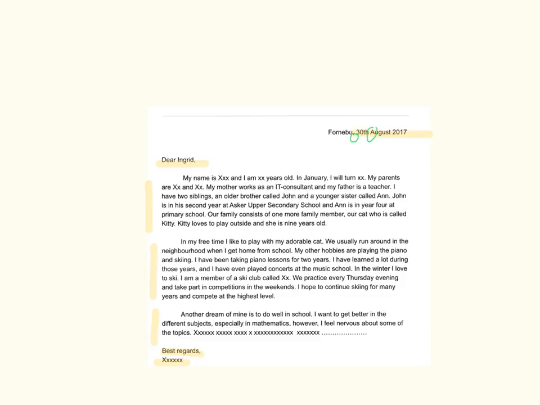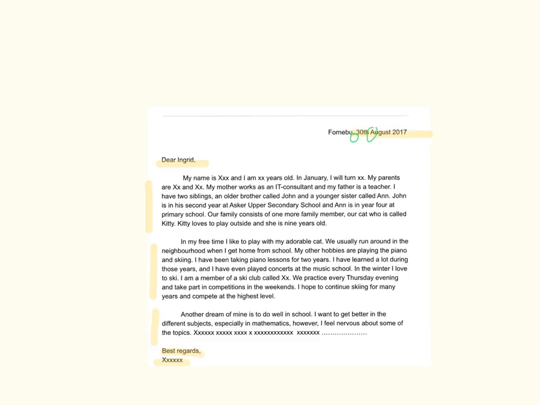I have 2 siblings, an older brother called John and a younger sister called Anne. John is in his 2nd year at Asker Upper Secondary School, and Anne is in year 4 at primary school. Our family consists of one more family member, our cat, who is called Kitty. Kitty loves to play outside, and she is 9 years old.